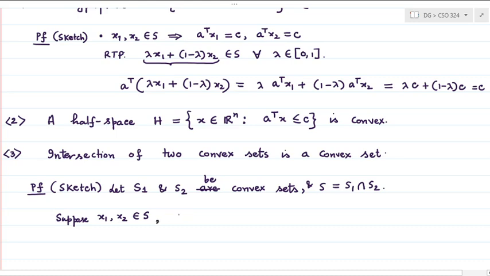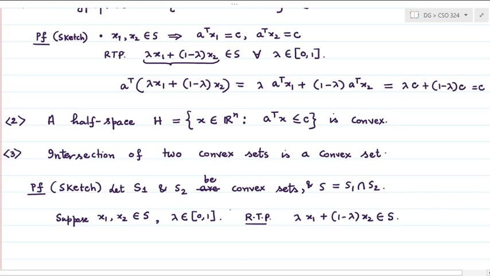That the convex combination of x1, x2 belongs to S. So for any lambda, you have to show that lambda x1 plus 1 minus lambda x2 belongs to S. That is what you have to prove.